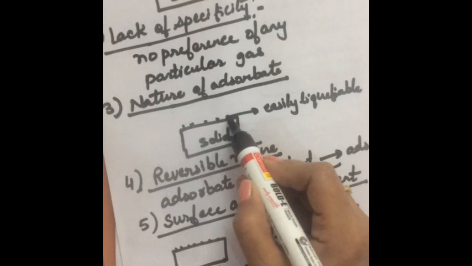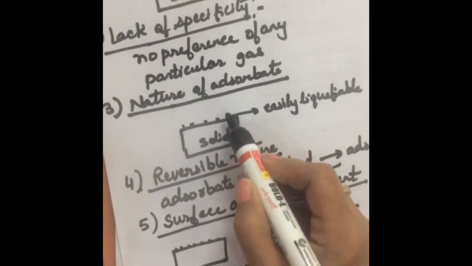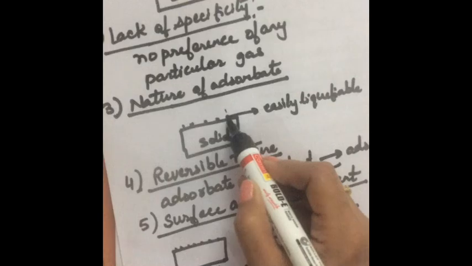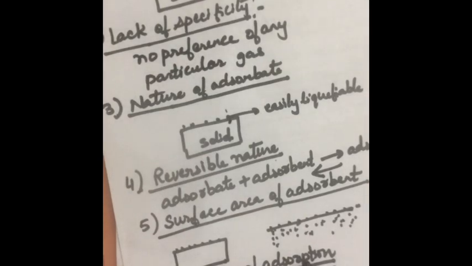That is why this adsorbent is pulling the adsorbate molecules on its surface. So when they link here and stabilize the surface molecules of adsorbent, energy will be released in this process. And that energy released is very less, approximately 20 to 40 kilojoules per mole, and known as enthalpy of adsorption.